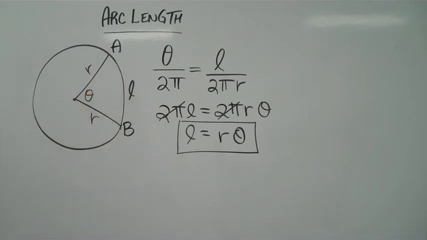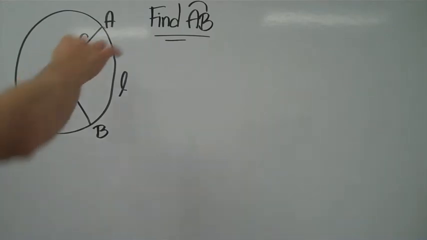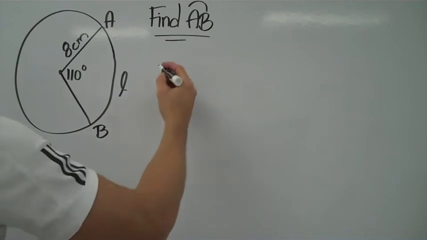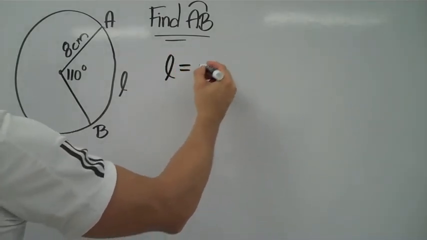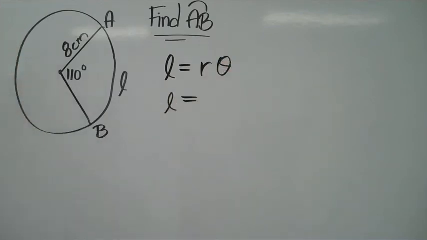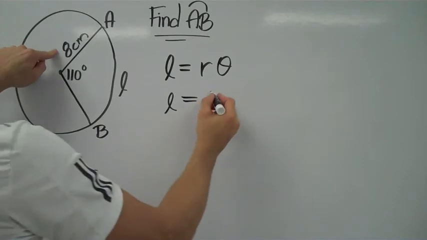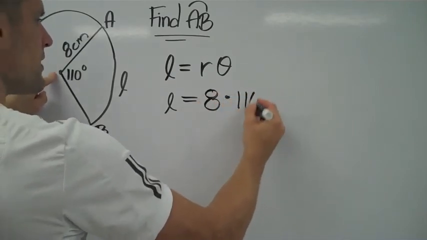Remember that, please. Here's a straightforward problem involving finding the length of an arc. It says find the length of the arc AB. Well, we know our formula, that our arc length AB, or we could call it L, is equal to r times theta. Our radius is 8, and our theta is 110 degrees.